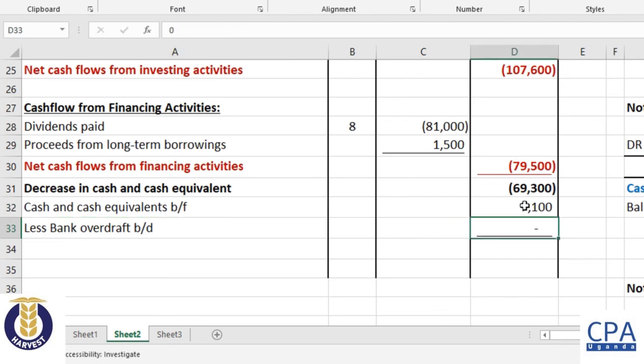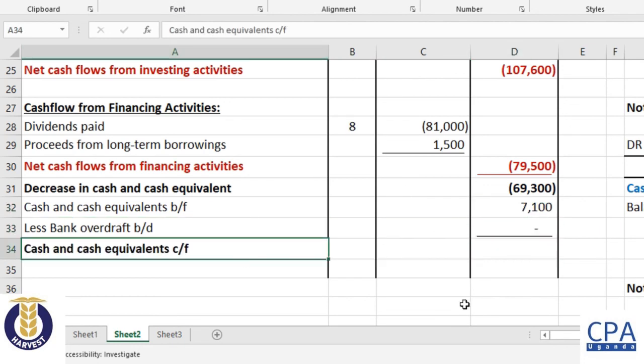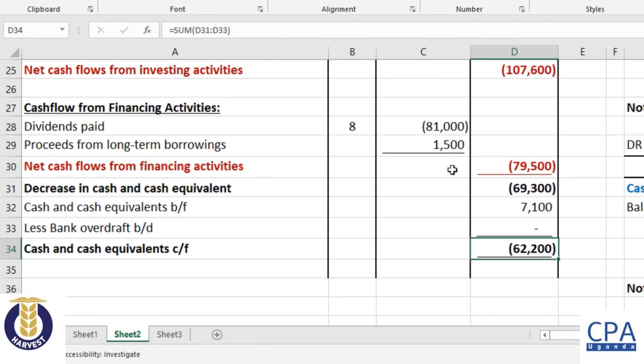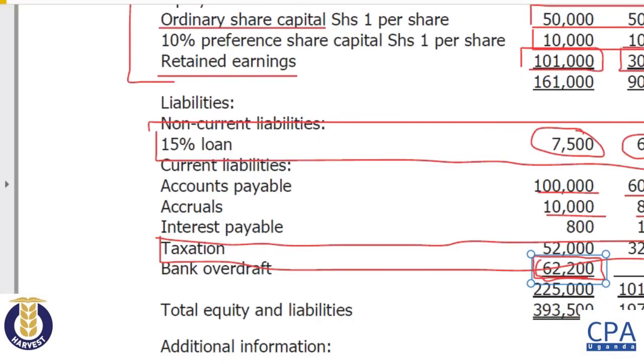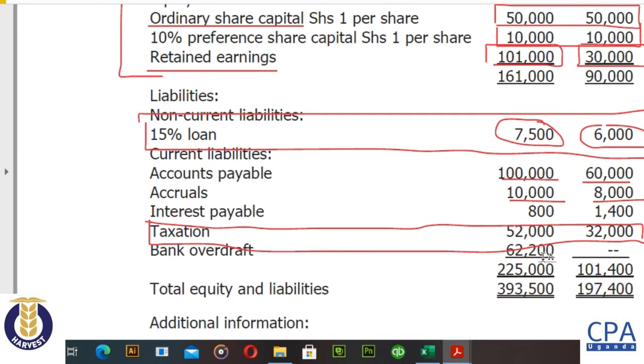You less it from all these figures, and at the end of the day, you have our closing cash and cash equivalents. So as you can see, we are totally right and accurate. Our cash flow statement has balanced at the closing balance of 62,200,000, which we have as our overdraft right here.